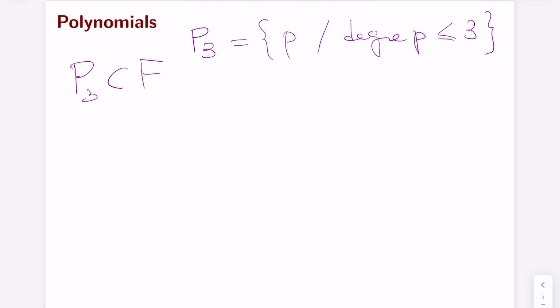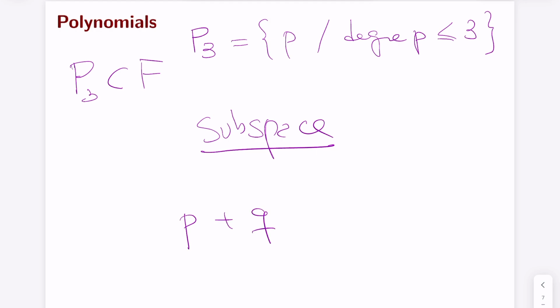This one is going to be a subspace, and it's going to be an important subspace: the polynomials that have degree less or equal than 3. Imagine that now I take a polynomial that has degree less or equal than 3, and I add it to a polynomial that has degree less or equal than 3. The resulting polynomial still will be a polynomial that has degree less or equal than 3. So that means that the addition has closure.